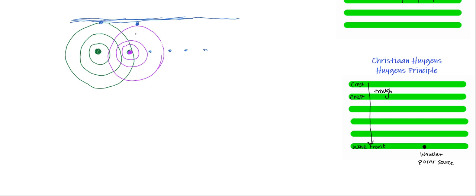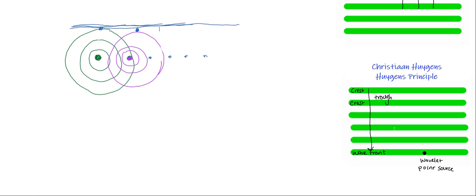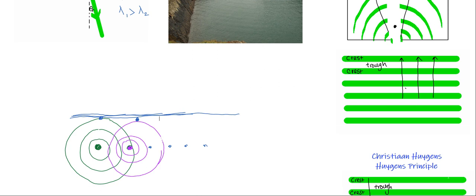So when you reach an opening such as this, you're really isolating one of the tiny little point sources on the wave. And so when it hits this point over here, what it will start to do is curve outwards because you've isolated it from the rest.